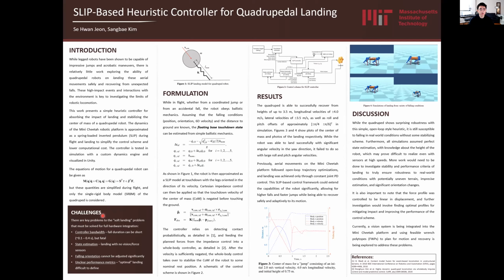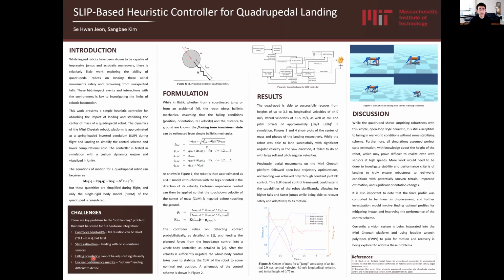Some key challenges to note are listed as follows. The controller bandwidth needs to be very high for any kind of landing controller because fall durations can be very short. It's important to have accurate and good state estimation because the robot needs to have some good sense of how high it is and how fast it's falling in any direction to be able to land successfully.